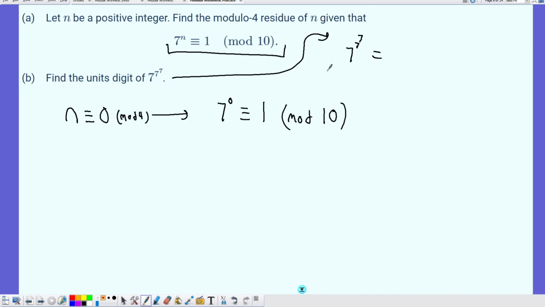And sometimes people will claim that it's the same thing as (7 to the 7th) to the 7th. Now, this is not true, because that becomes 7 to the 49th power.